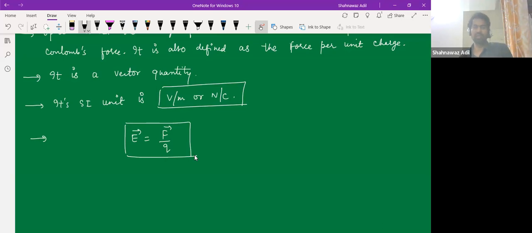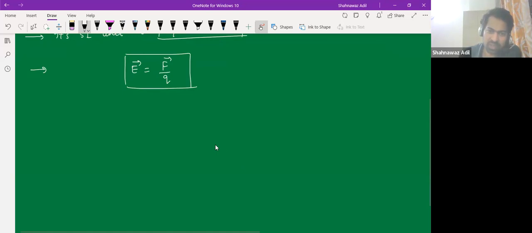Okay. So let's say that we have this Coulomb force, right? This is Q1, Q2, and this is the separation, right?